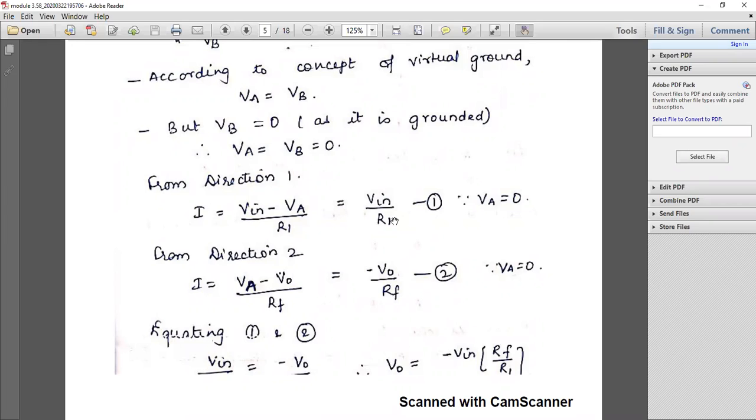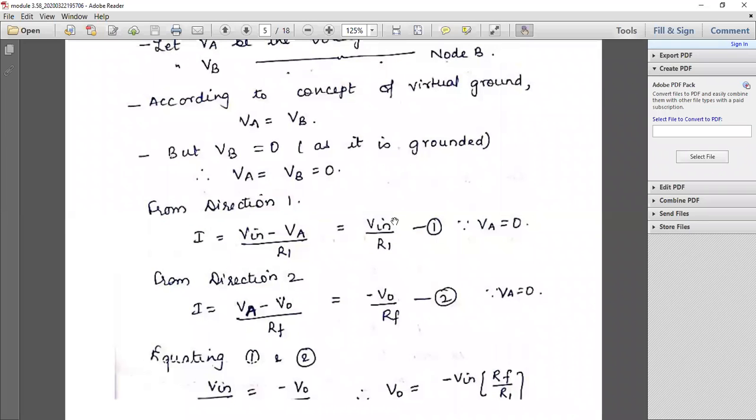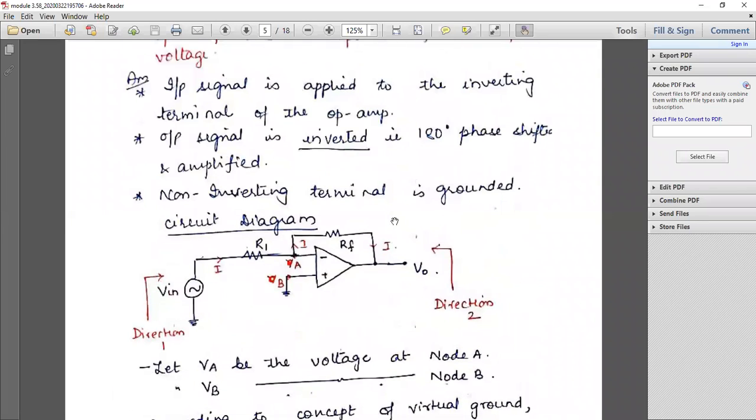Now it is time to find the output side current. Looking at the diagram, on the output side it is the same current I, but our viewing direction is different. We are seeing from the V0 side.